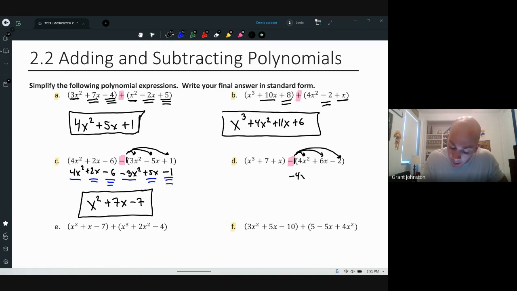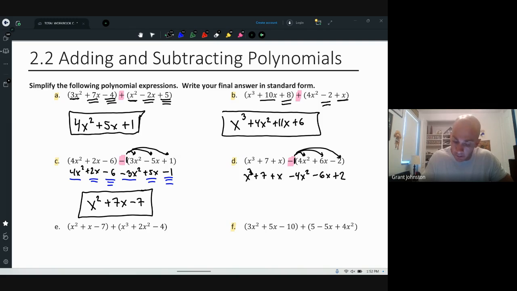This is now going to become a -4x squared. This will become a -6x, and this will become a +2. And I'm going to rewrite the first one. Now I'm going to combine my like terms. This is an x to the third.